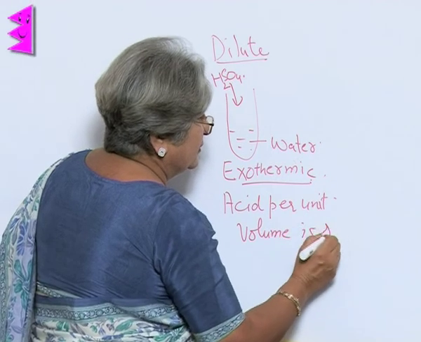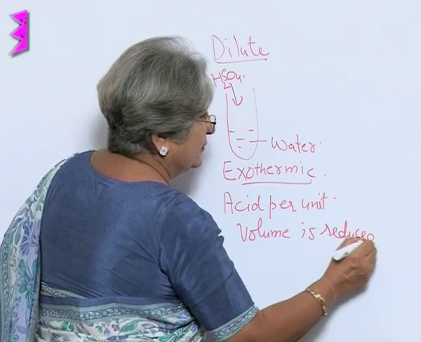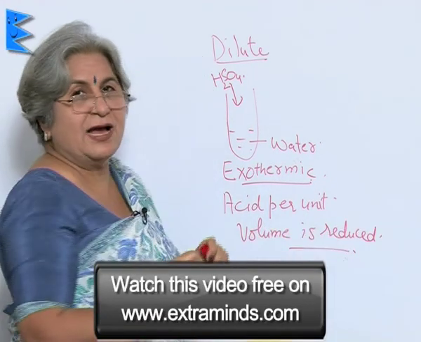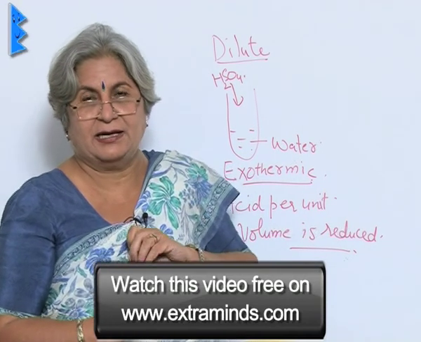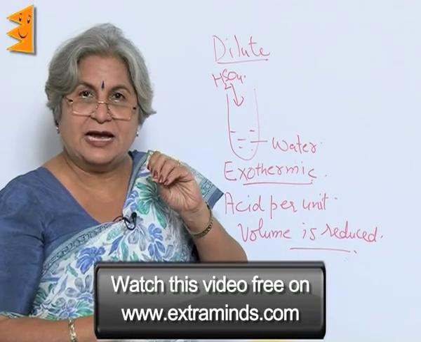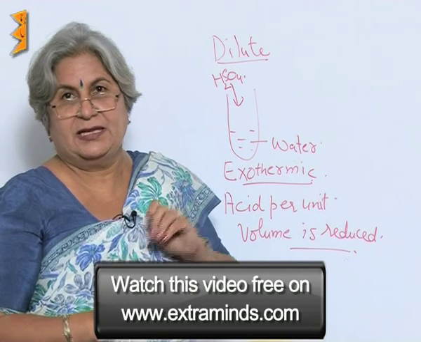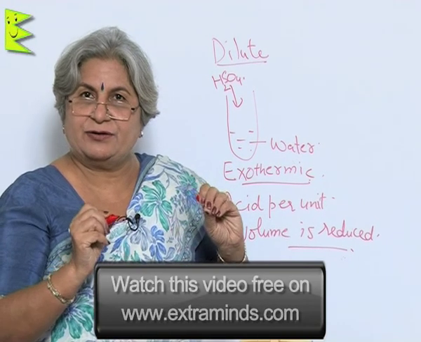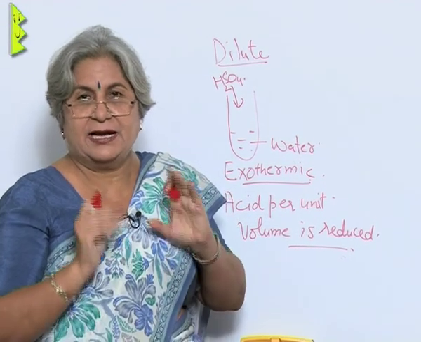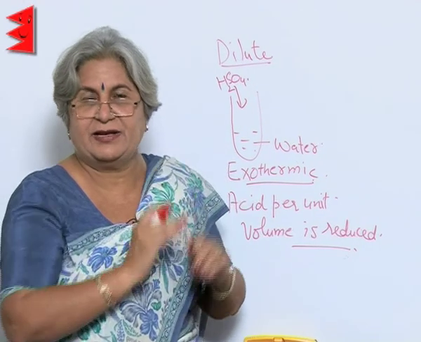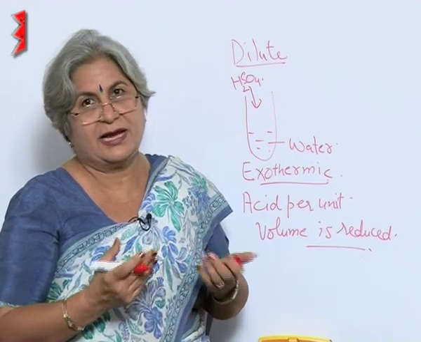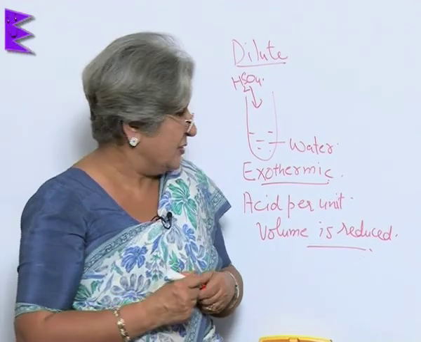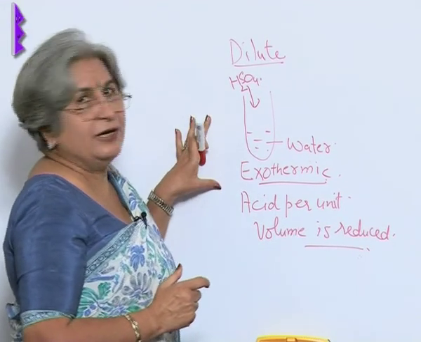So, that is why whatever is available in the market is always diluted acid. In the labs also we generally try to keep the diluted acids, and concentrated acid is kept very safely, because they can be very dangerous. So, this is how we can dilute an acid.